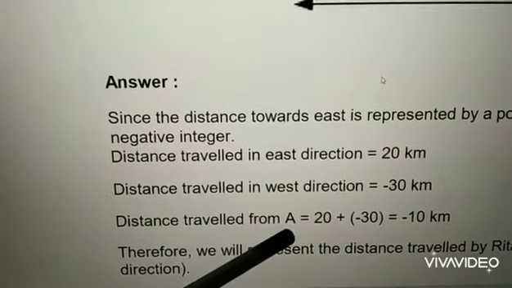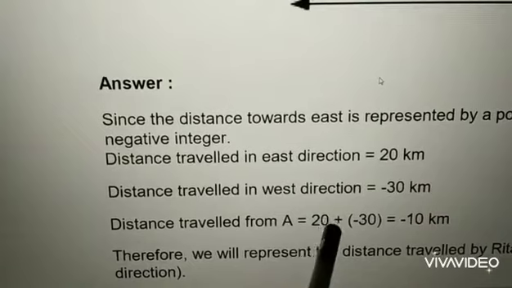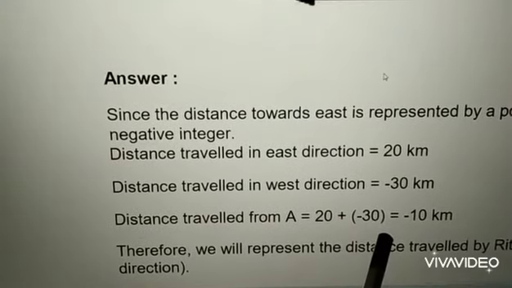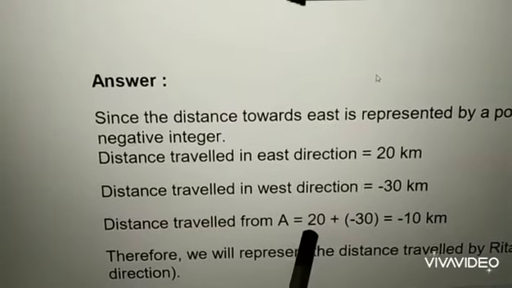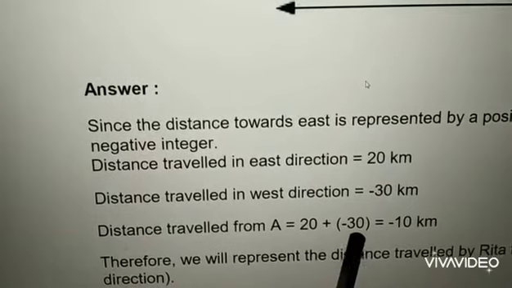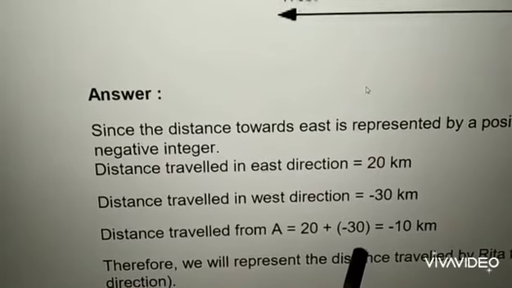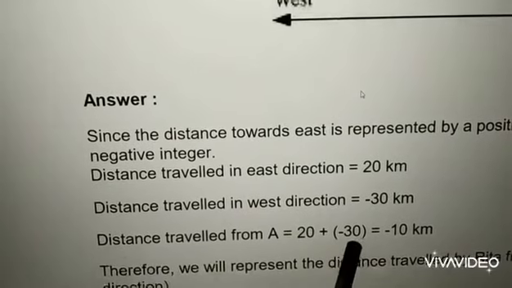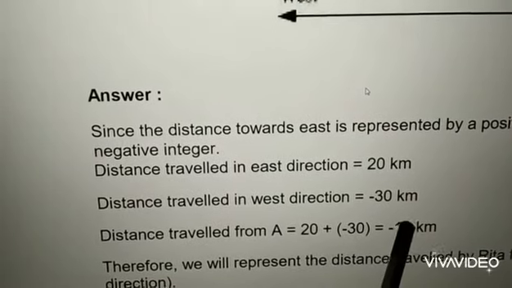Now distance travelled together is 20 plus minus 30. So here again we have a positive integer and a negative integer. Whenever positive and negative integers are there, we have to do the subtraction. So 30 minus 20 is 10.